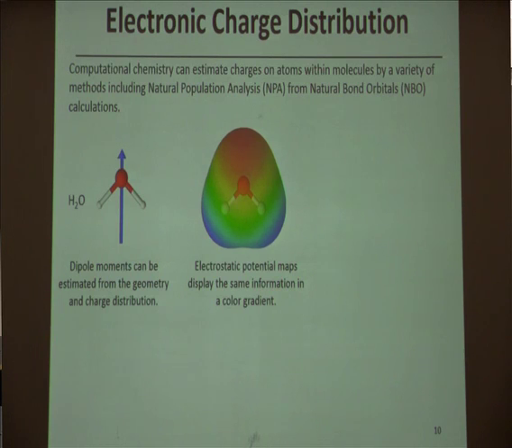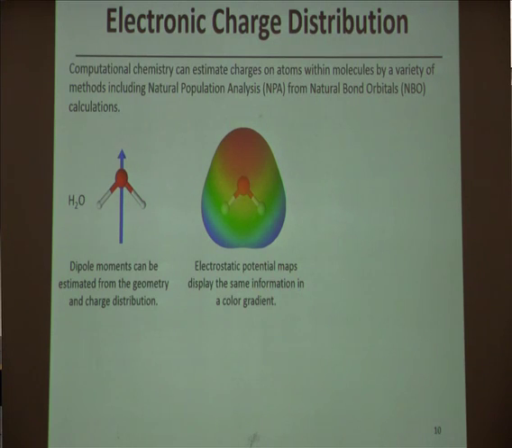We can show that in a slightly prettier way. This is an electrostatic potential map, where we see a pretty color gradient going from the blue, more positive hydrogens, to the red, more negative oxygen. You've certainly seen images like this in your textbooks.